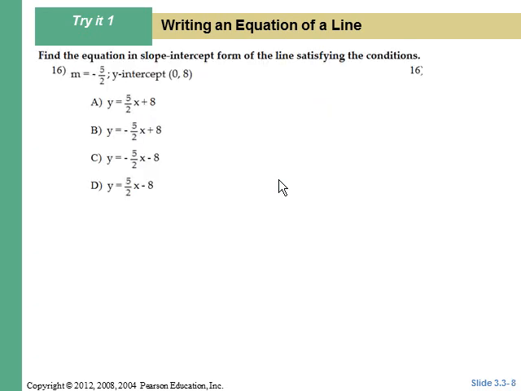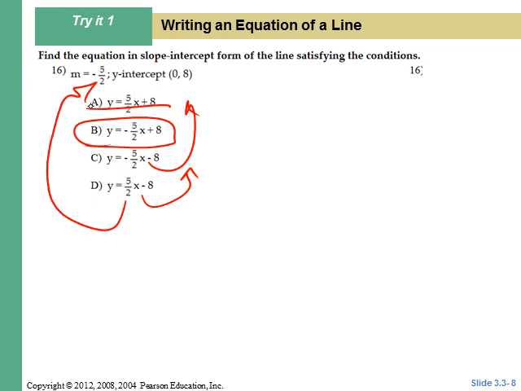Here you go, try this one. Now it's not this first one because it doesn't have the negative sign. Here it is, negative 5/2 x plus 8, not minus 8, and it's got to have the plus sign, the minus sign, excuse me.